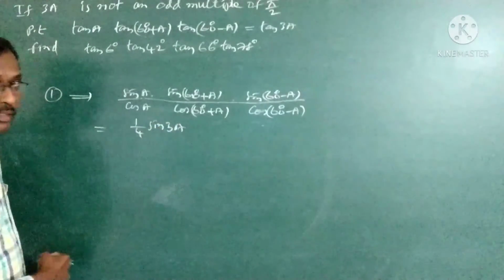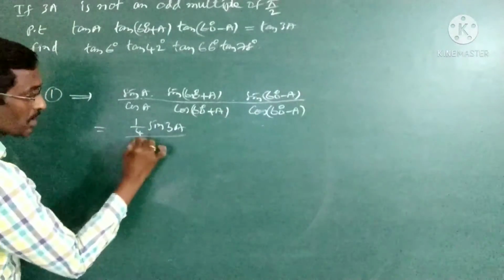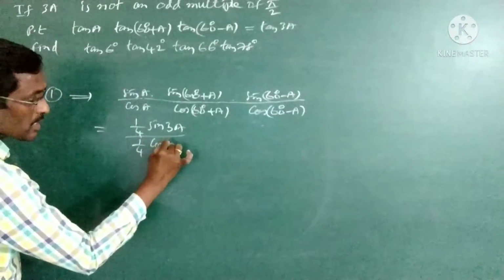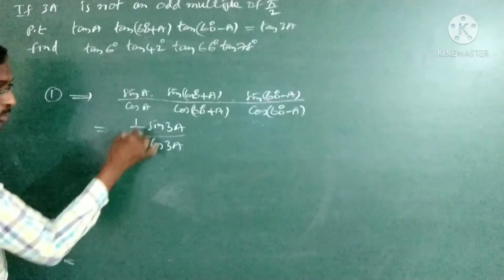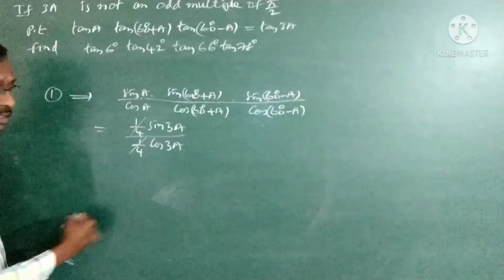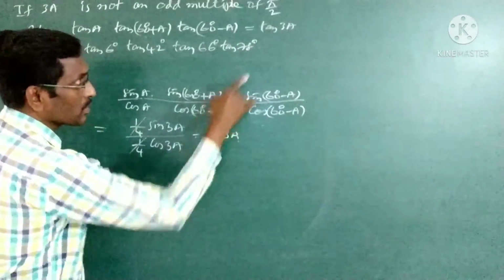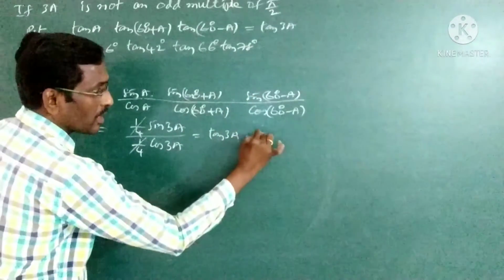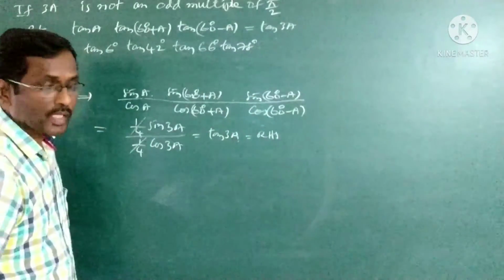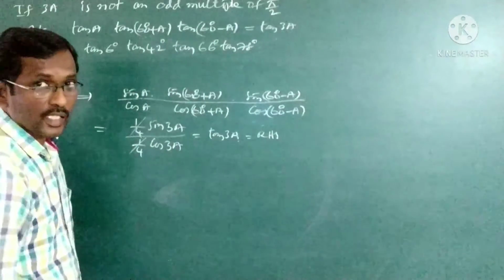The denominator result, what is it? 1 by 4 cos 3a. 1 by 4 gets cancelled. Sin by cos becomes tan function. So what do we have to show? It is the RHS of the problem. Take the LHS, show the result RHS.